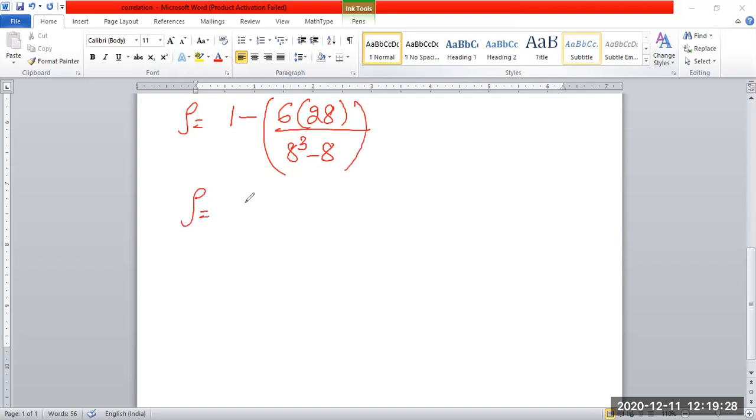Rho is equal to 1 minus, the calculation. So just a minute. Calculator: 168 divided by 504. I got 0.3333. The final answer rho is equal to 0.667.